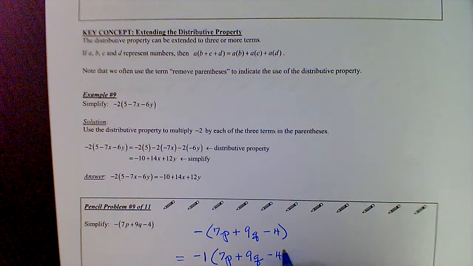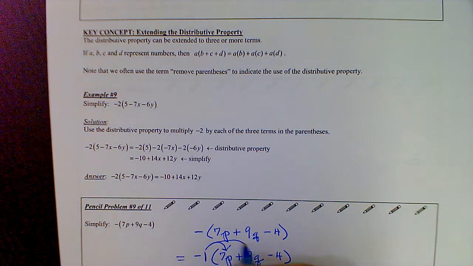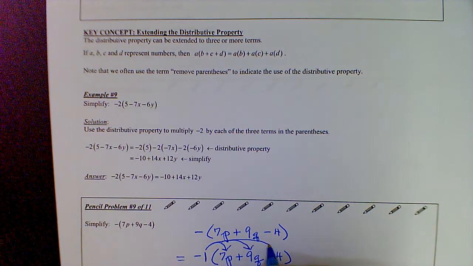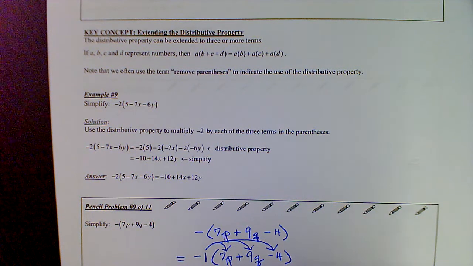Literally write the negative 1 there, and then think of distributing. Now it goes to all 3. So negative 1 times a positive 7 is negative 7. Carry along the p. Negative 1 times positive 9 is negative 9. Carry along the q. And then negative 1 times negative 4 is positive 4.